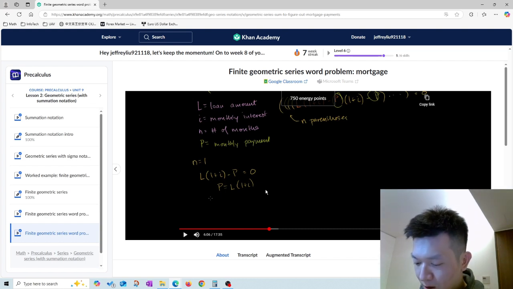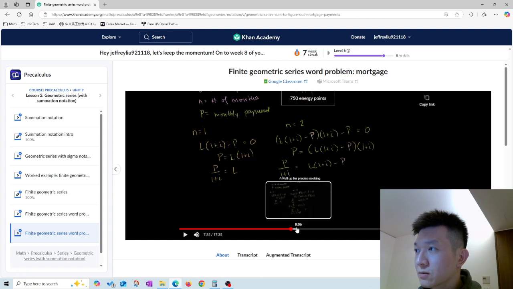How about n equals 2? That will become $200,000 times 1.005 minus P, and then apply the 1.005 again, minus P equals 0, because you paid off twice.